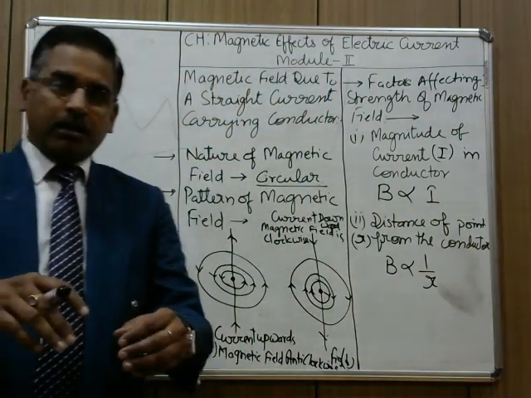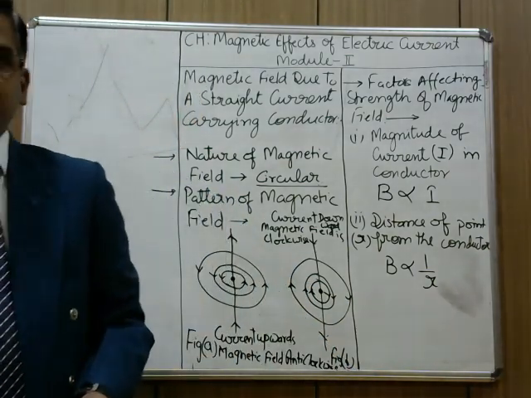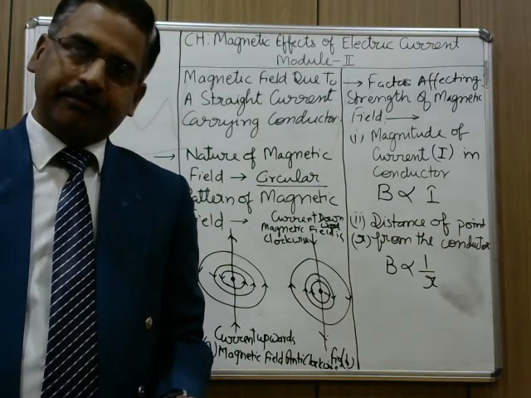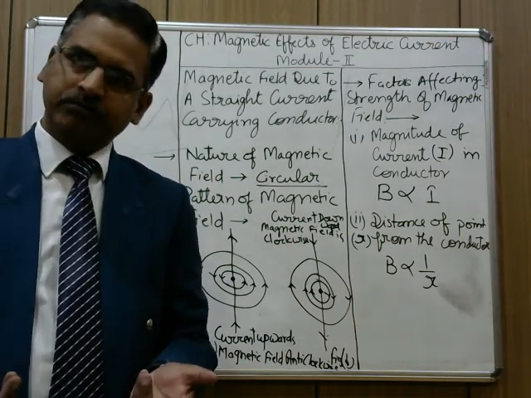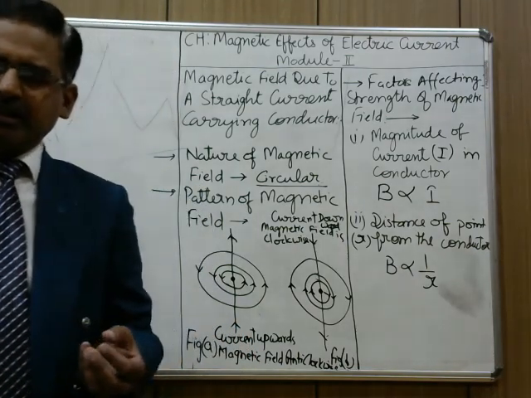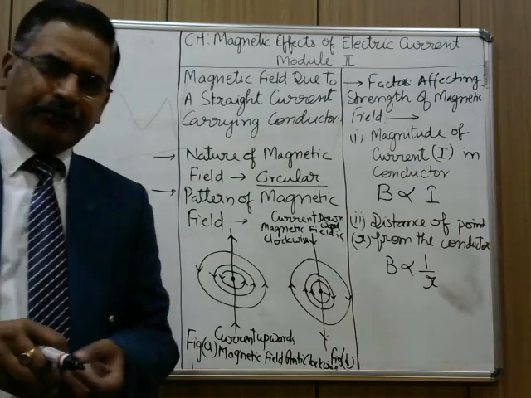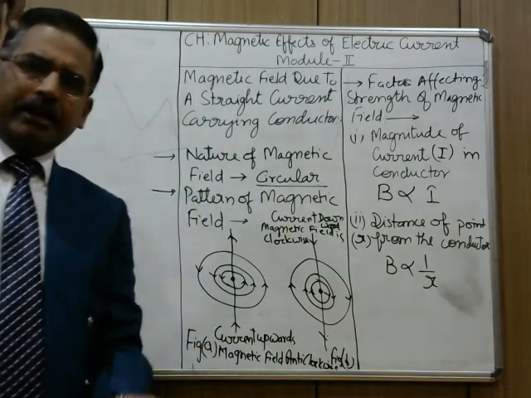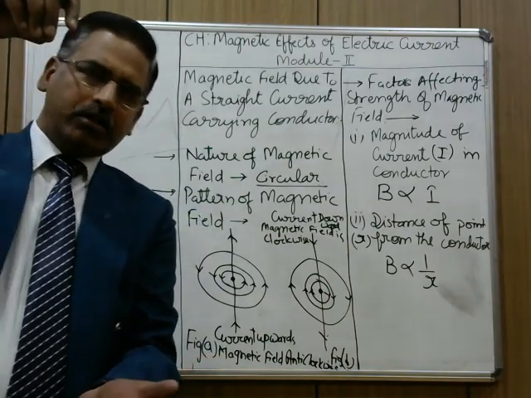It means if the point is far away, the strength of magnetic field is lesser, and it is quite obvious also. If you are going away from a current carrying conductor, the strength of magnetic field will decrease. As you see, if you are holding a magnet far away from iron nails, it is not able to attract.